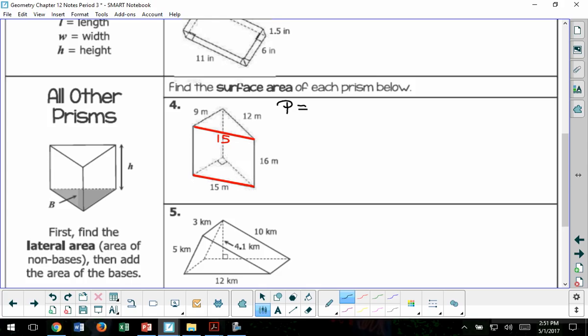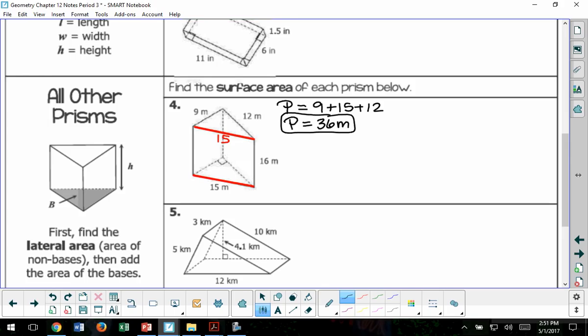Okay, tell me. 9 plus 15 plus 12. So perimeter is what? 36 meters. Okay, there's the perimeter. Add them all up, you get the perimeter.